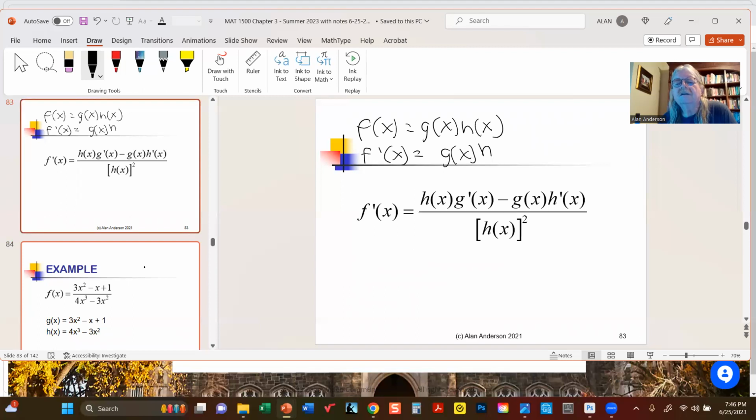Not really. All right, you might as well just go ahead and memorize it. So you got h of x, g prime of x, minus g of x, h prime of x, all over h of x squared. Yes, I know it's a mess, but you can memorize that.